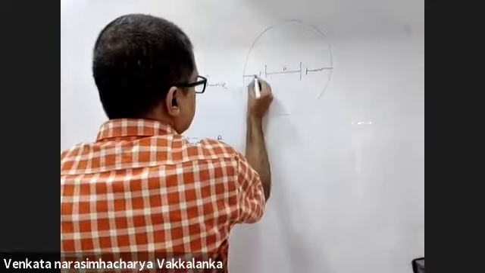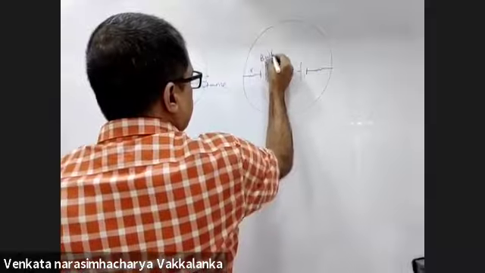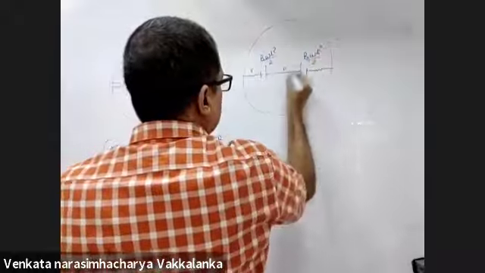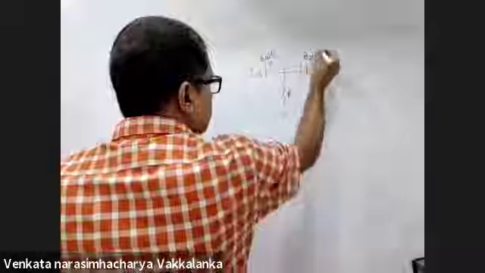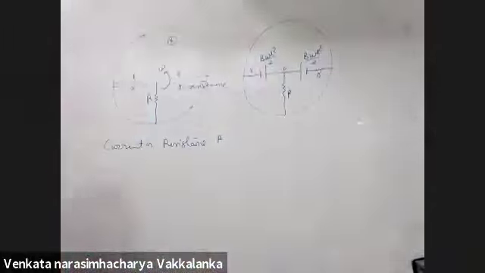This is an internal resistance R. This will be B omega L square by 2, followed by a symbol called small e till the end, so that I don't need to write it at every point.